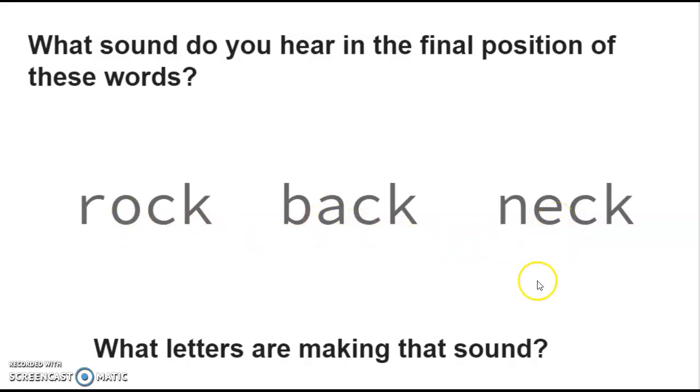Short. Those are short vowels. They do not say their name. This is our new rule that tells us when to use digraph CK to spell the K sound. When you have a short vowel, you have CK following it at the end of a word.